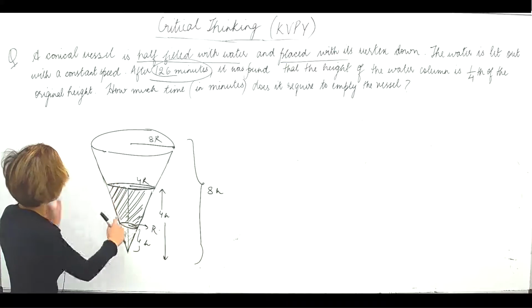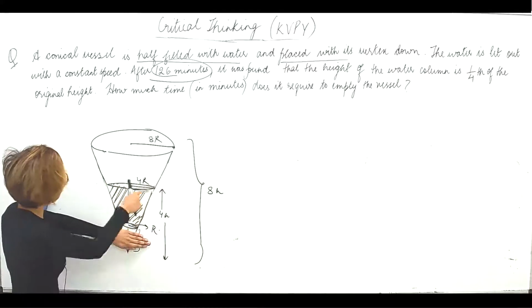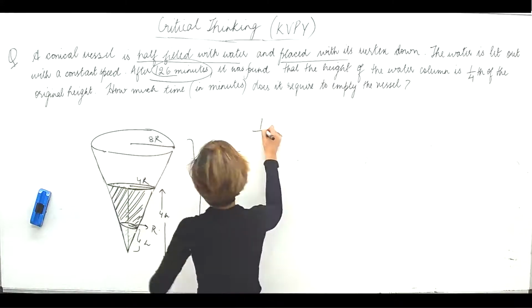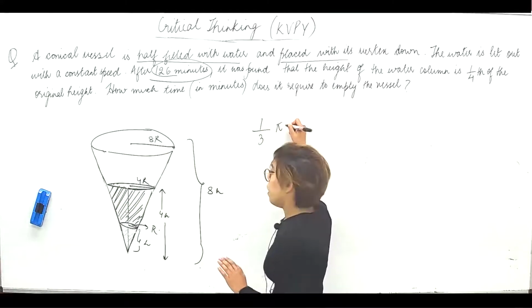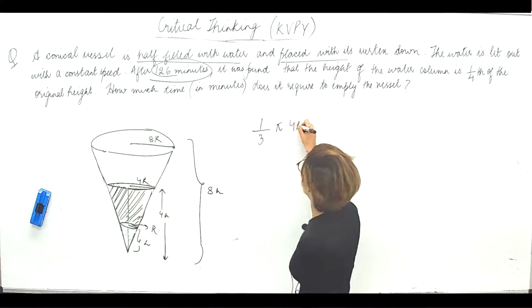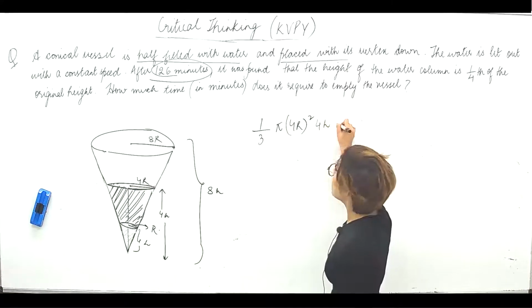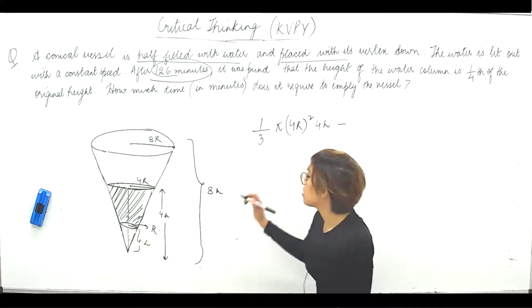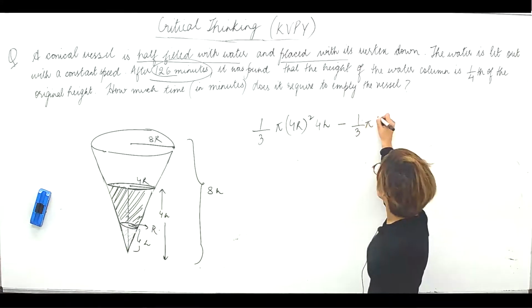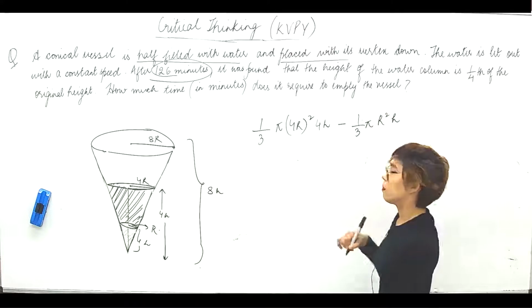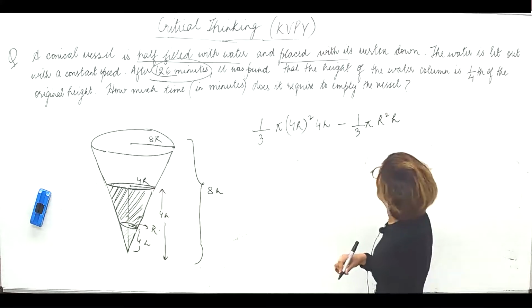So, volume of this part is nothing but volume of the big cone, that is 1 by 3 pi R, now R is 4R whole square into H, that is 4H, minus volume of this cone, which is 1 by 3 pi R square H. Right? Okay.